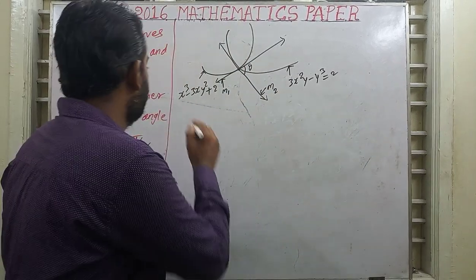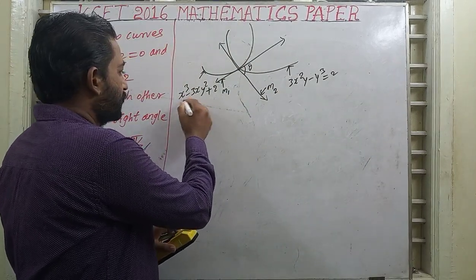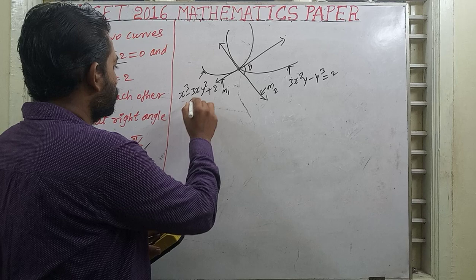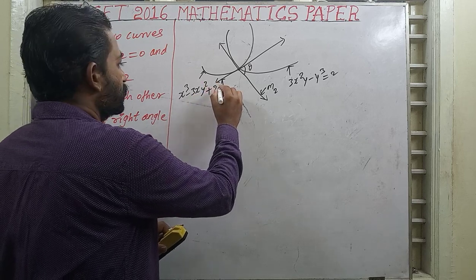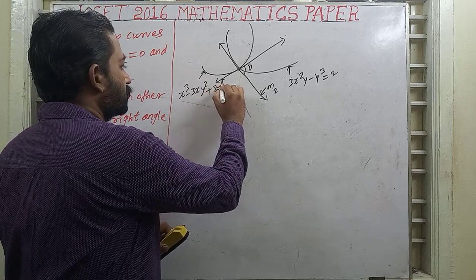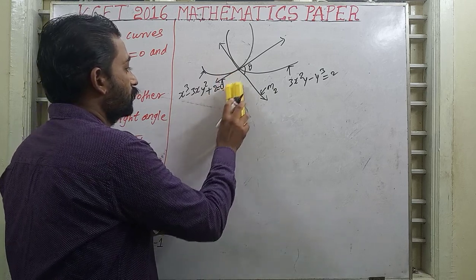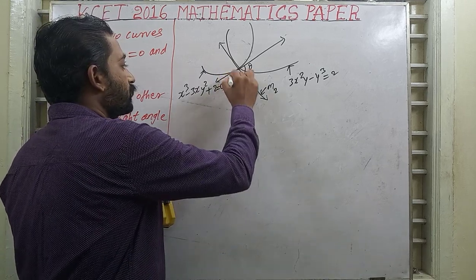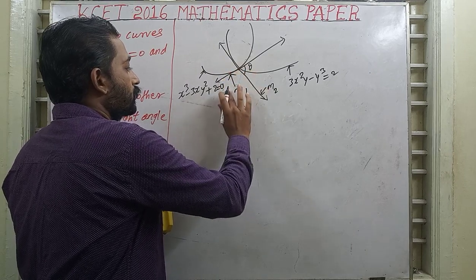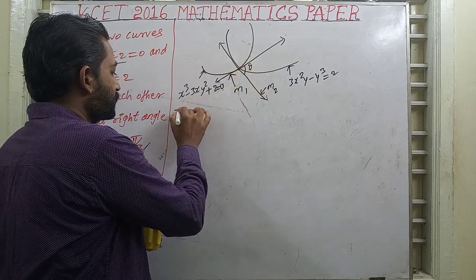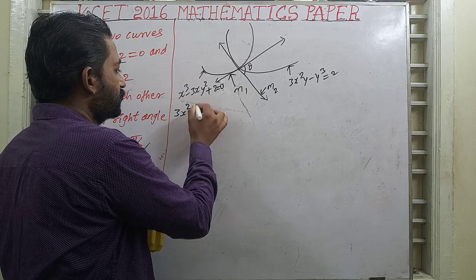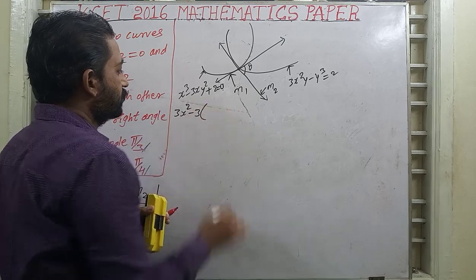In this case, differentiate with respect to x on both sides: x cube minus 3xy square plus 2 is equal to 0. The slope of the tangent is m1. So differentiate with respect to x: 3x square minus 3 taken outside.